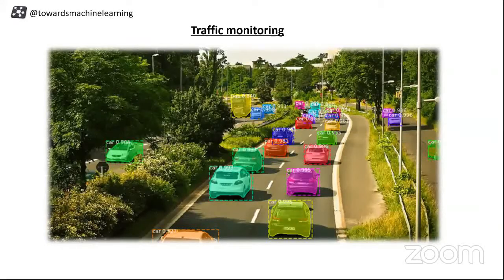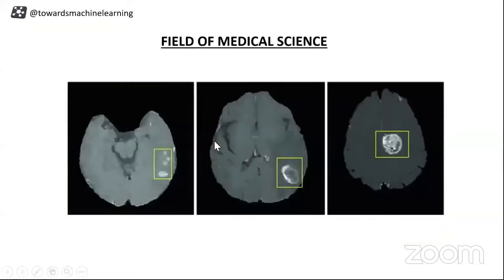Next thing we can see is, in the field of medical science, this has been extensively used for detecting tumors and all. You can see this is an MRI image of a brain, and it is able to detect where the cancerous cell is and build a box around it, right? This can be very time saving for a doctor as well.